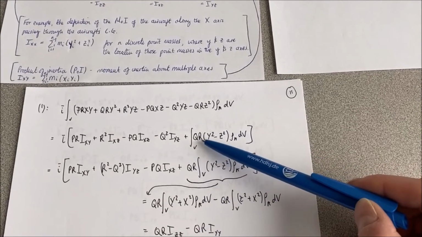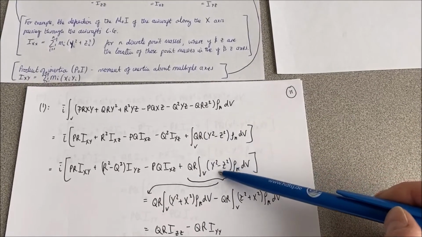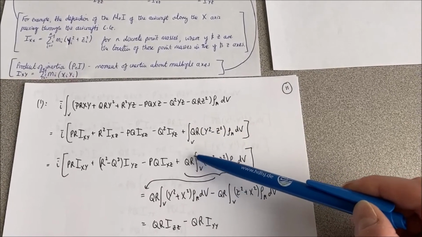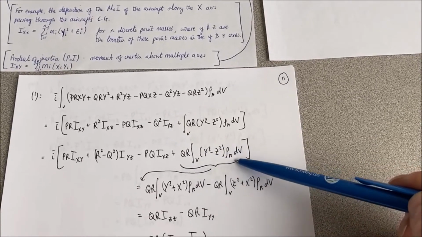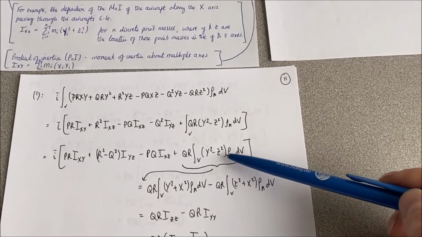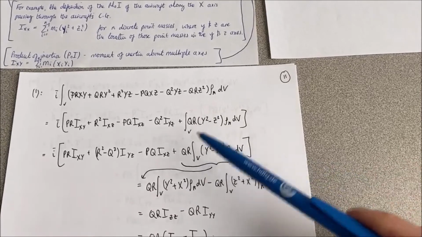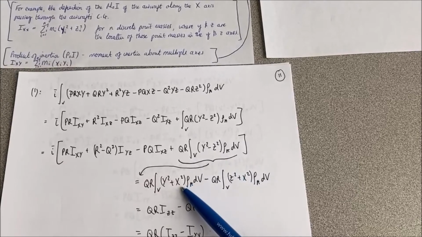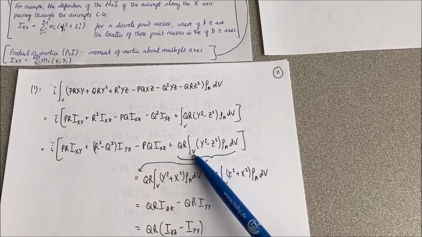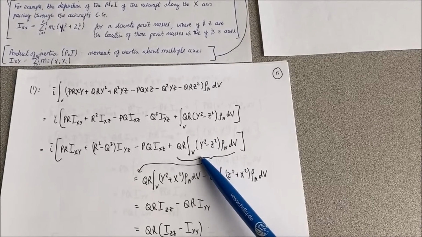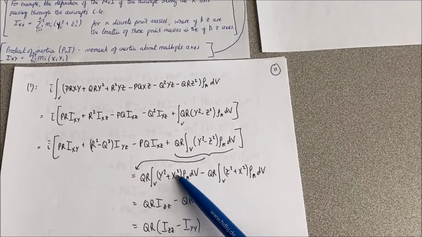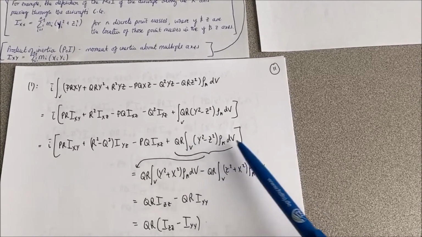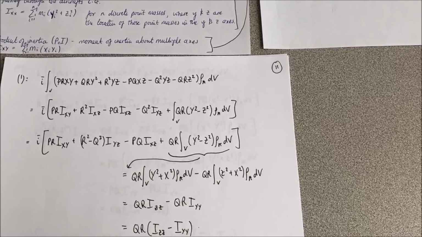So the integral over v of this, we can take the q and r out, the components of the angular velocity vector, so we're left with this. And then again, we're going to use a little bit of an algebraic trick. We're going to add the other component in the other axis, x squared, so that we can write this as two separate integrals. If we add x squared here and then take it away here, we've just basically expanded this out using a dummy variable.